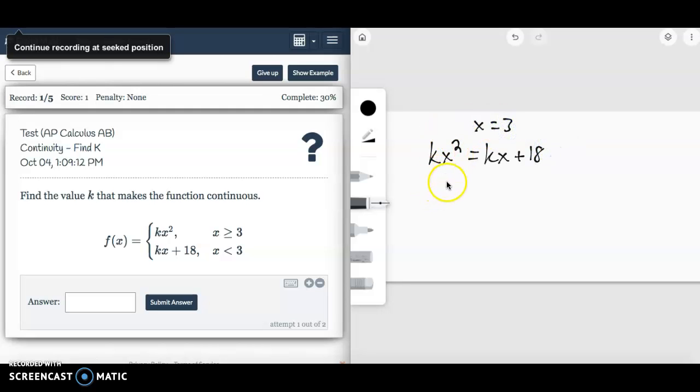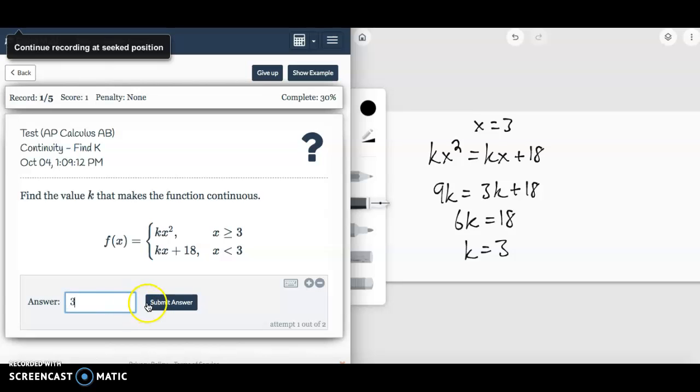So I'm going to plug in 3 for x. So I'd end up with 9k equals 3k plus 18. So 6k equals 18, which means k equals 3. So that would be the k value that would make this function continuous because it makes everything equal at the breaking point.